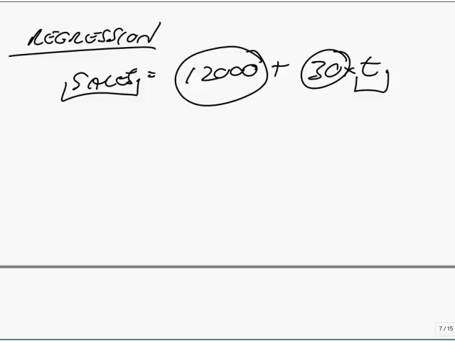Those of you here remember, I had an example with a whole list of figures, month 1 was this, month 2 was this, or whatever. And the whole idea is to come up with an equation like that, to get those figures. The equation you're looking for, they give you on the formula sheet. It's always of the form y = a + bx, where y and x could be anything.